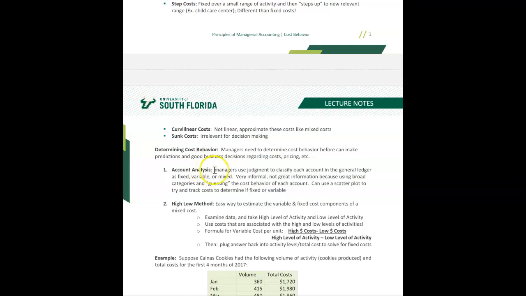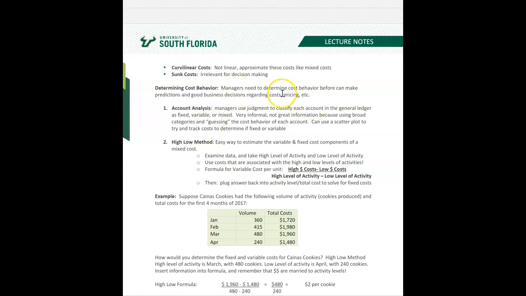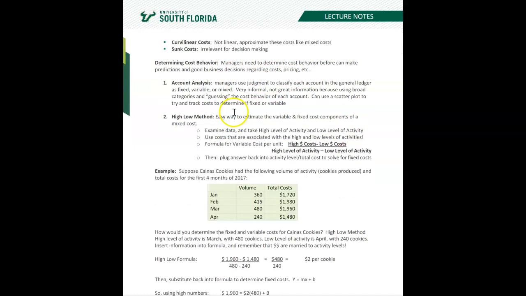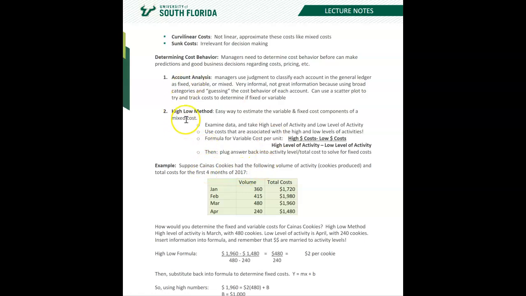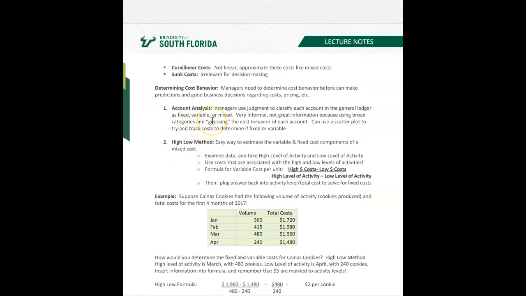So in determining cost behavior, managers need to determine the behavior before they can make predictions and good business decisions regarding costs and pricing, etc. Now, these are different ways of figuring out how costs behave. The first one is account analysis, and managers use judgment to classify accounts on the general ledger.